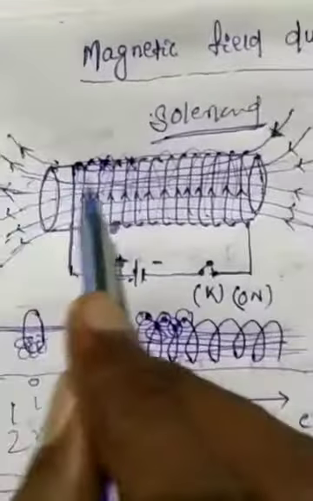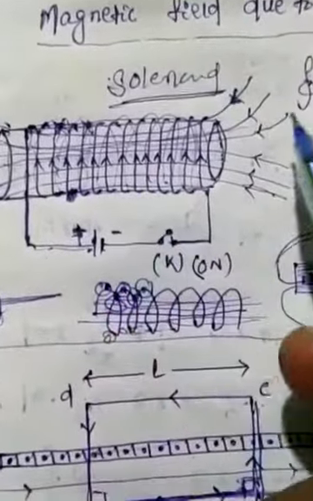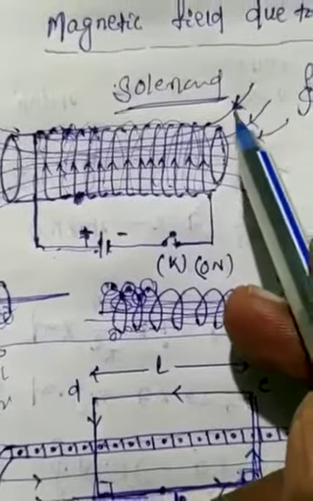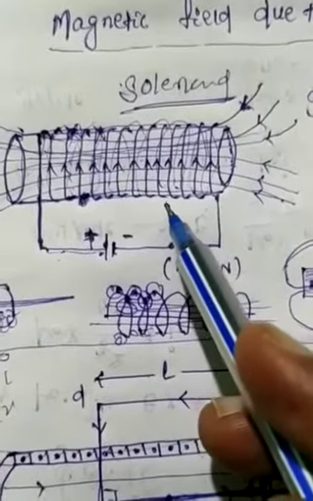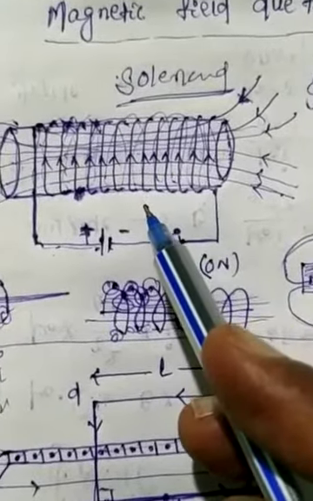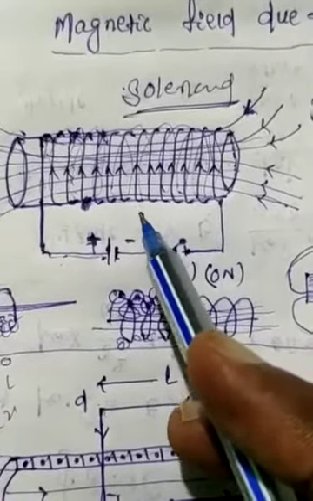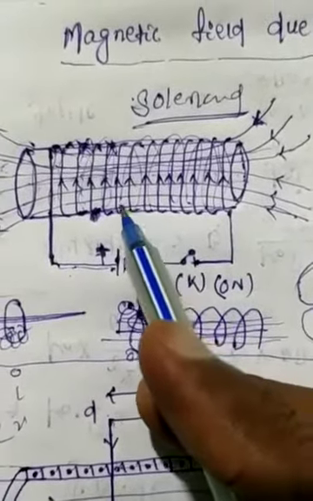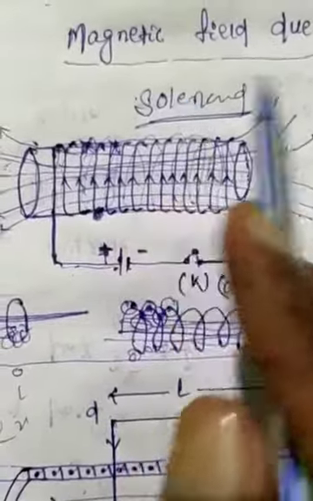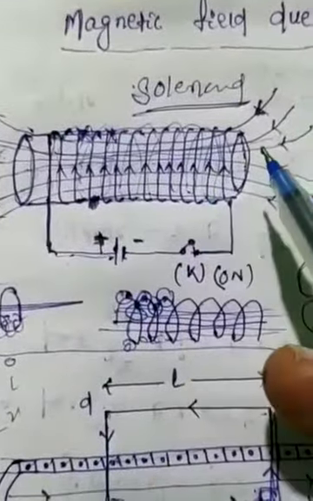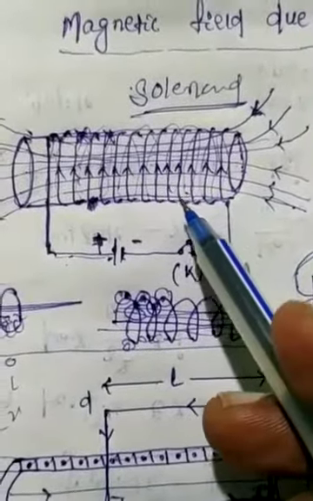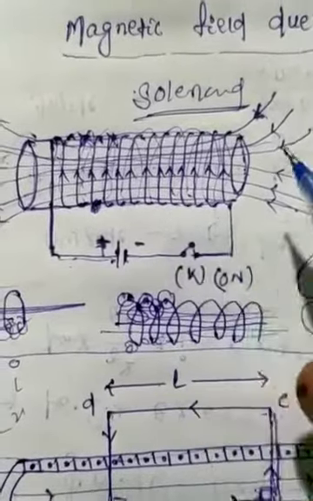Inside, the lines of force are parallel and all uniform, but outside it is non-uniform, and the magnetic field outside a very long solenoid is very weak.